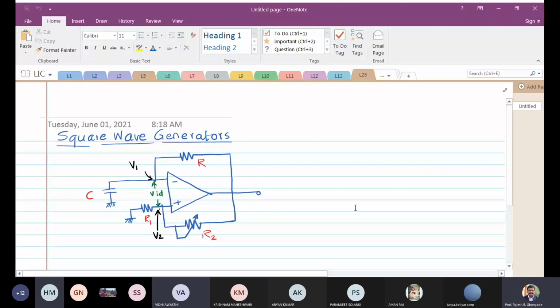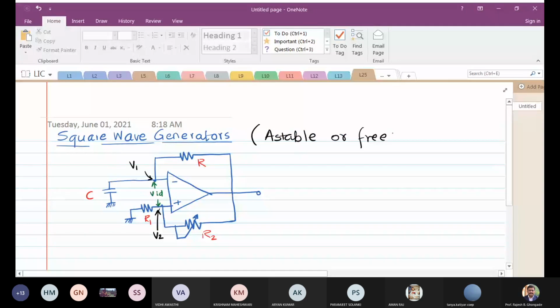So we are going to start with what is called a square wave generator. Now we already know that the square wave generator is also called an astable multivibrator, or a free running multivibrator.